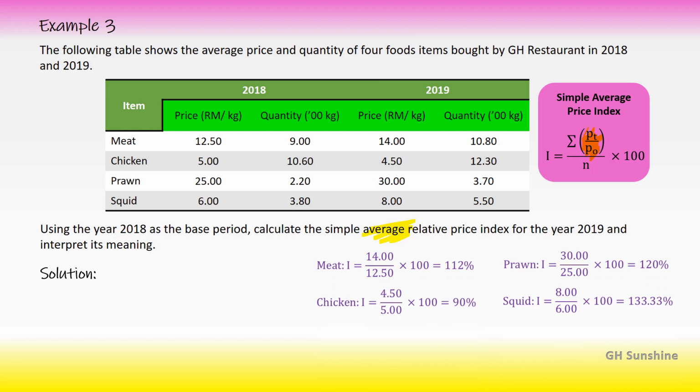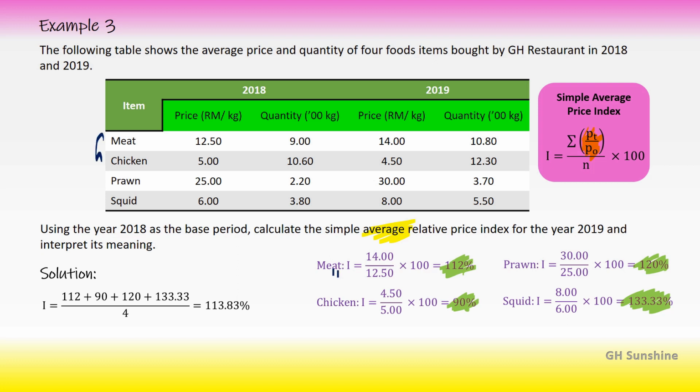So when you need to calculate the simple average, just sum up all the indices from before, which is 112 plus 90 plus 120 plus 133.33, then divide by 4. So why 4?